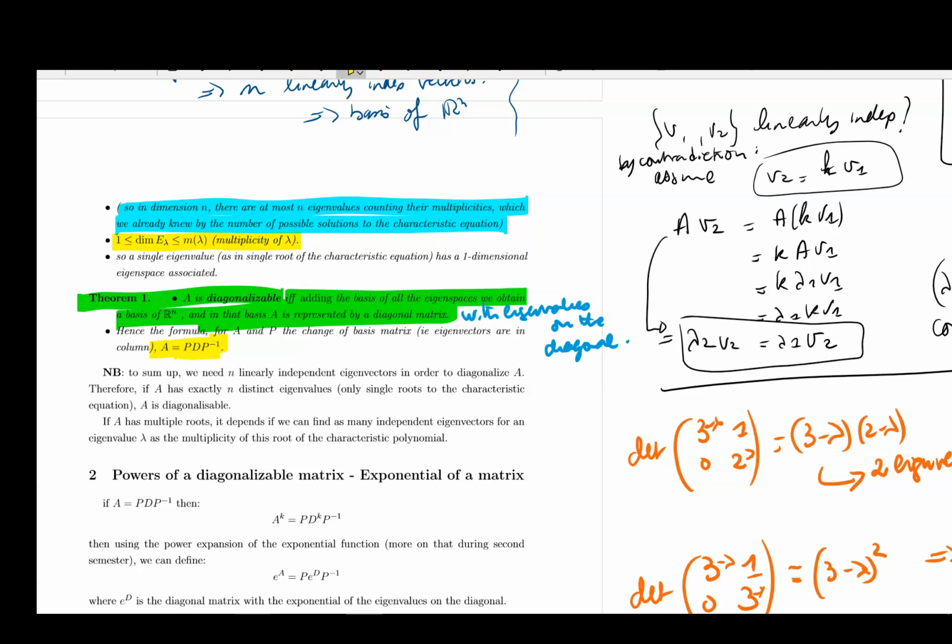Therefore, if A has exactly n distinct eigenvalues, only single roots of the characteristic equation, A is diagonalizable. And if A has multiple roots, it's going to depend on whether we can find enough independent eigenvectors for the multiple eigenvalues. Okay, so here you are. You have almost all the theory we need for the moment. The next video is going to be an example, and then we will see some applications.